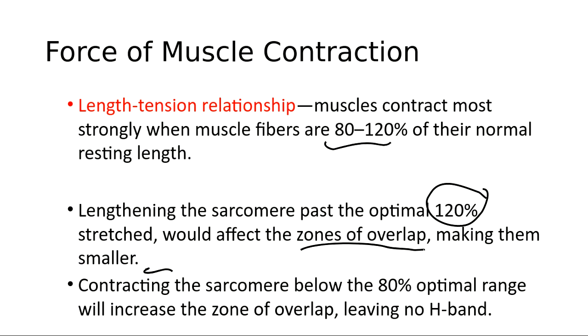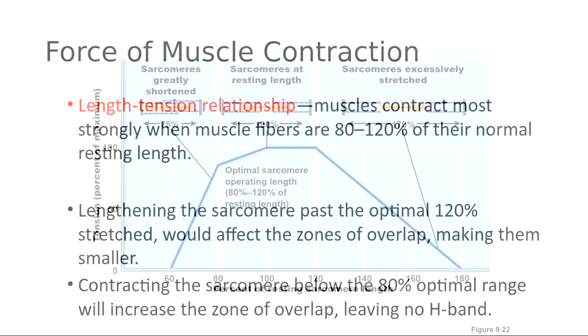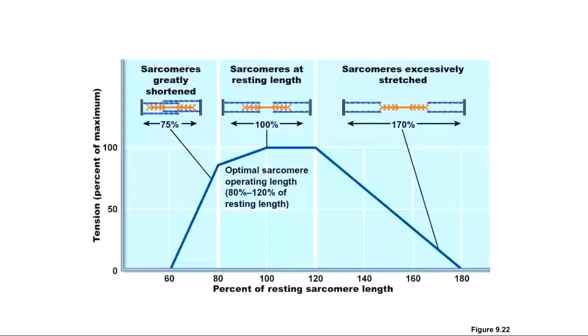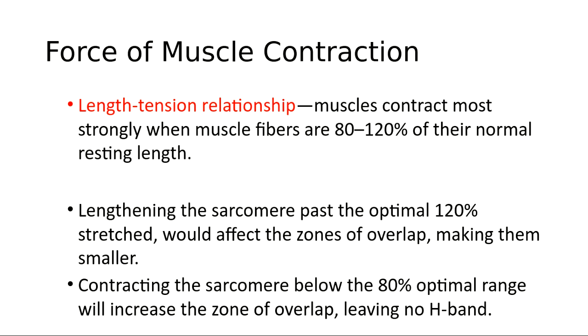If we contract the sarcomeres below 80% of the optimal range, now we're going to increase the overlap zone and decrease the number of cross bridges that can be formed, which means a decrease in the strength of contraction. This is a little bit of a difficult concept to visualize, the relationship between the length of the muscle and the tension the muscle can produce.